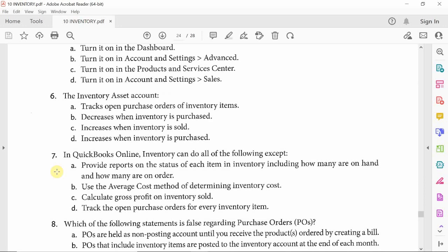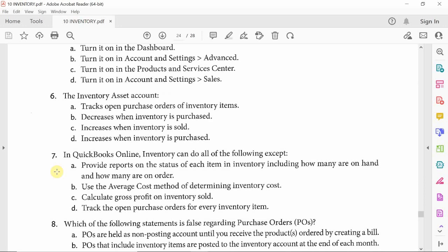B, use the average costing method of determining inventory cost? So we're looking at the except. Yes, inventory does do letter A. You just talked about it being first in, first out. So it cannot do the average costing. You would have to manually override that by making adjustments for that.